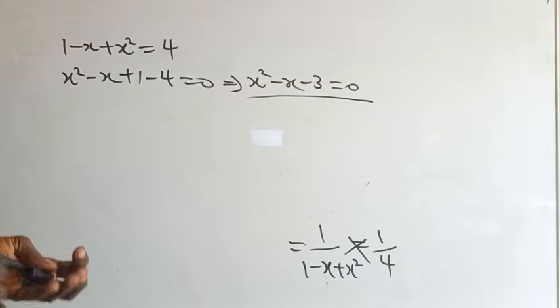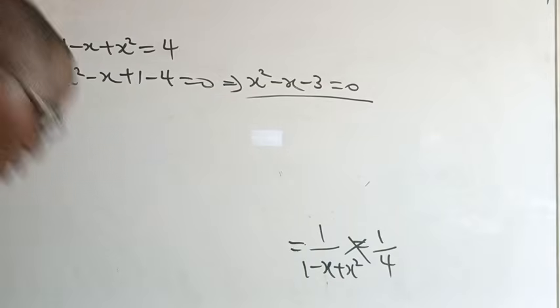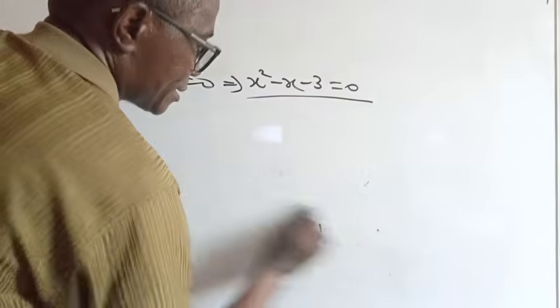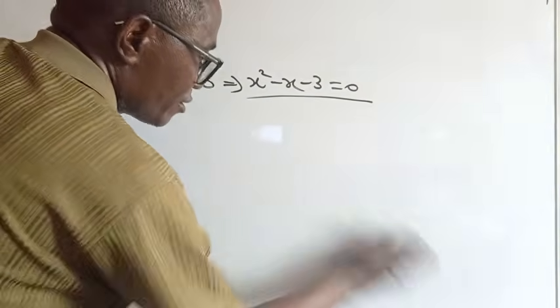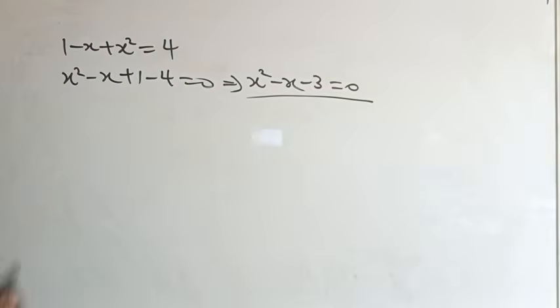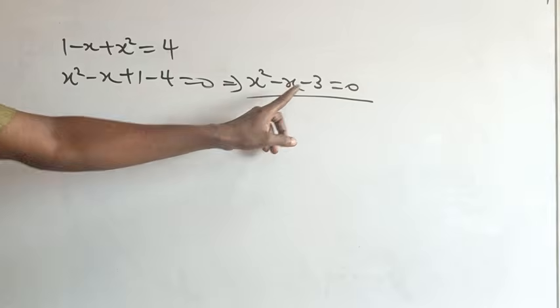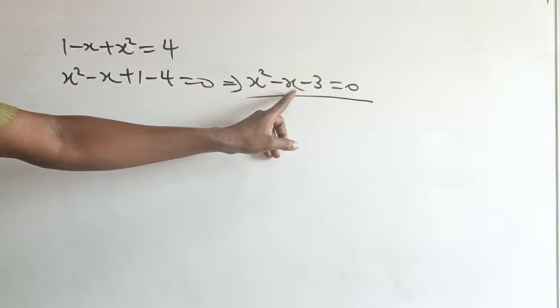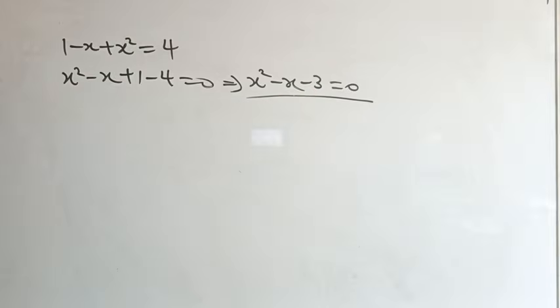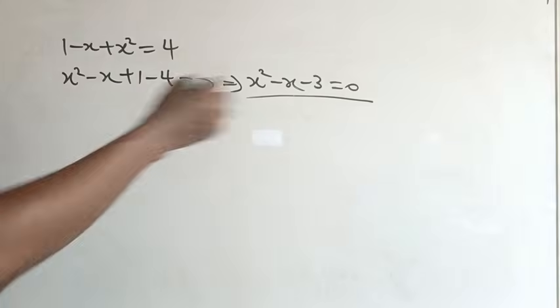So now that has led us to what we call a quadratic equation. The next thing is to solve for x using any of the quadratic methods. Unfortunately, we cannot use factorization here because there is no number that will give you minus x if you multiply. 3 times 1 is 3, and if you subtract 1 from 3, it is 2. So factorization cannot work here.